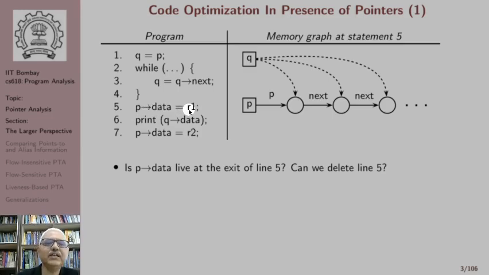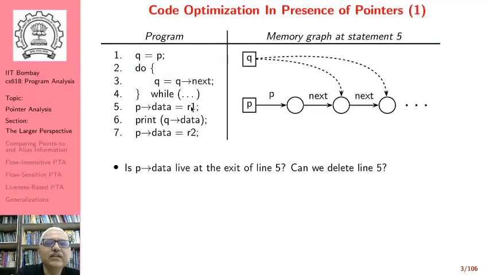So basically we are asking a question: is there a use of the value being written by assignment 5? The answer is not so easy, but if you understand the program very well, you will find that indeed this is live.